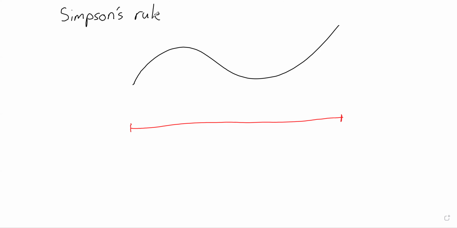So instead of writing down just the one interval, I'll write down two intervals. And that will give me 3 points.